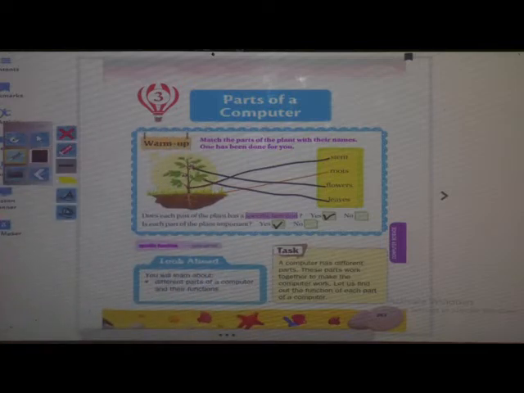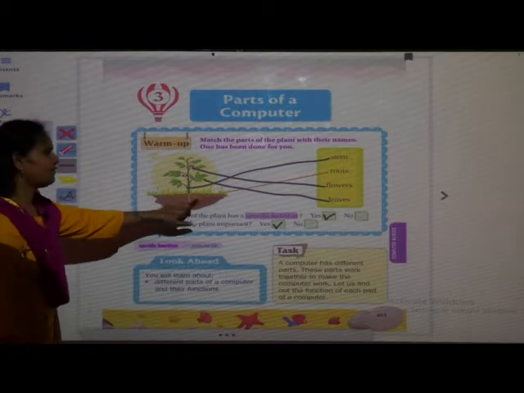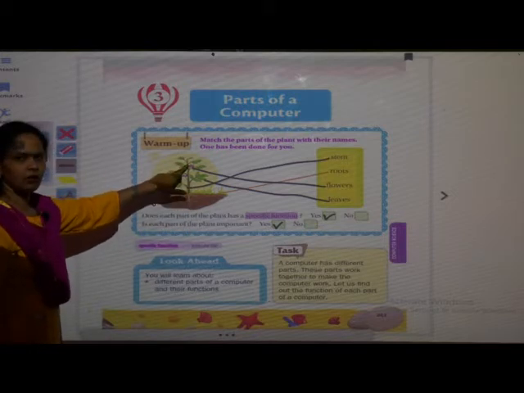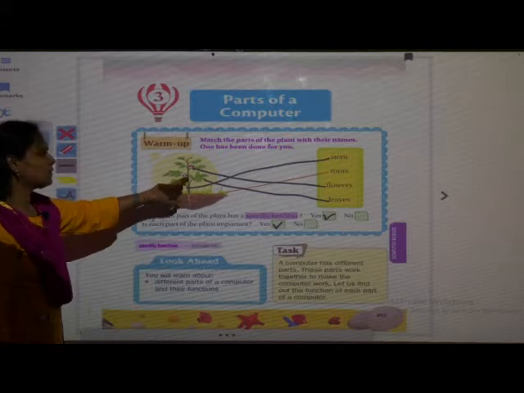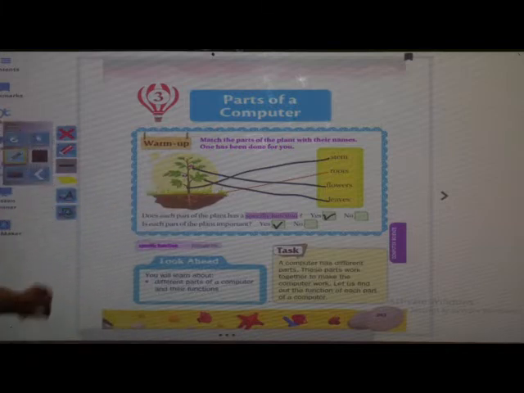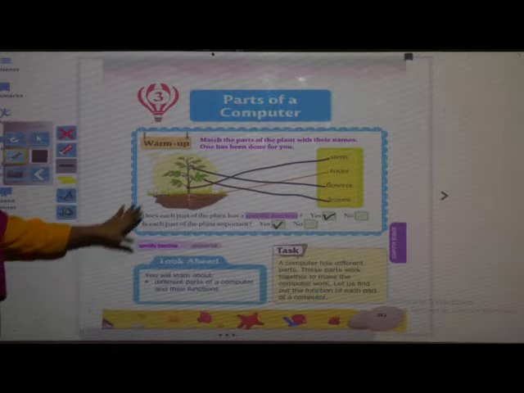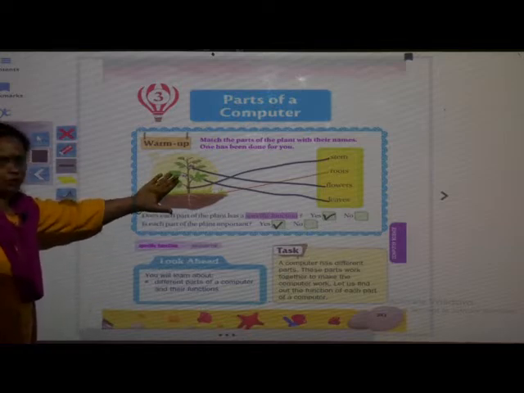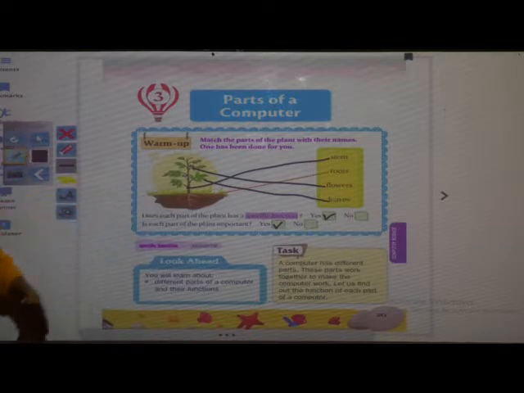For example, if you sow a seed and only roots come, and the stem does not come, then the leaves and flower will also not grow. Until the flower comes on any fruit tree, the fruits will not come. So each part is important.